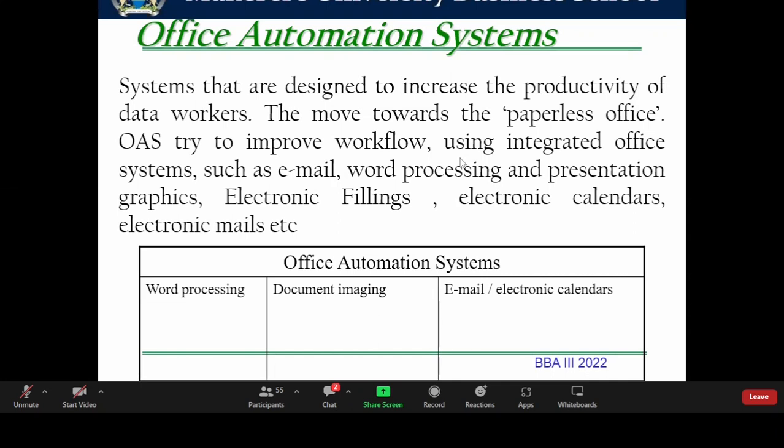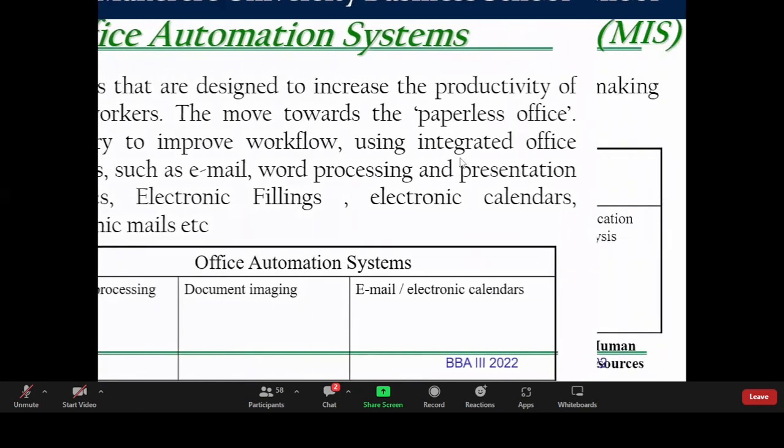And we are moving towards a paperless office. That's where you look at office automation. And we are trying to improve workflow using integrated office systems such as email, word processing, and presentation graphics, easing work across the office.